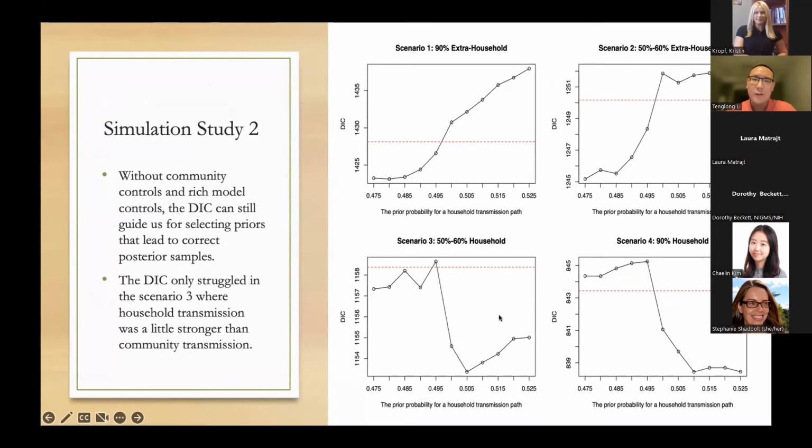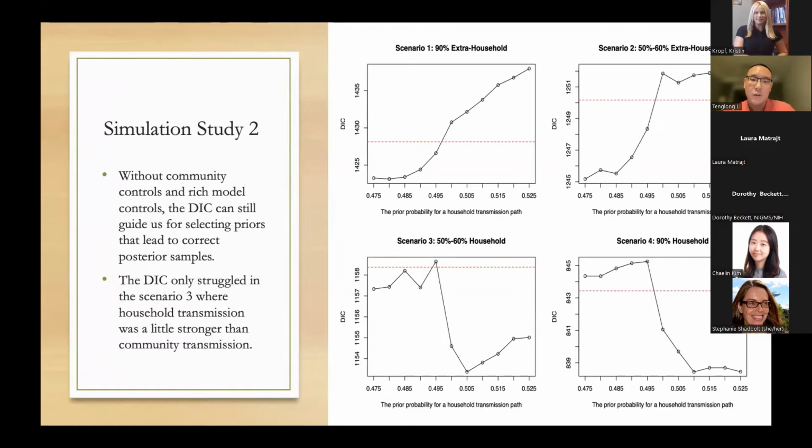So the second simulation study, right? What I'm trying to do is get DIC and simulate data for each of those 4 scenarios, and each scenario has a different strength of forces in terms of household or community transmission.